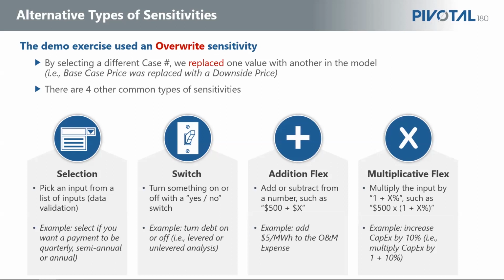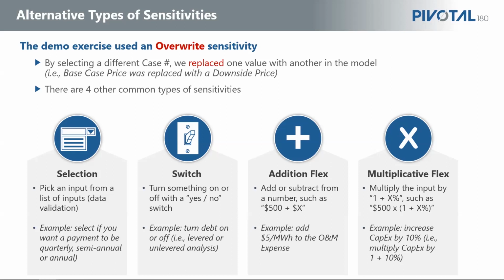And you can see how any of those could be specified within our scenario manager, provided that you've built a formula to take that number and use it appropriately in forecasting your revenues and expenses.